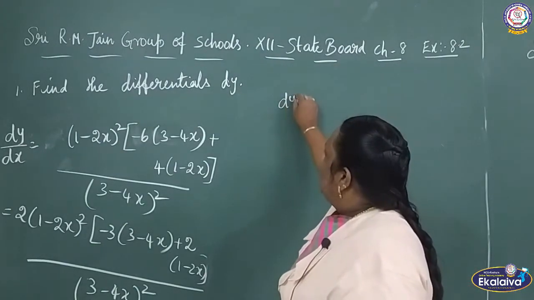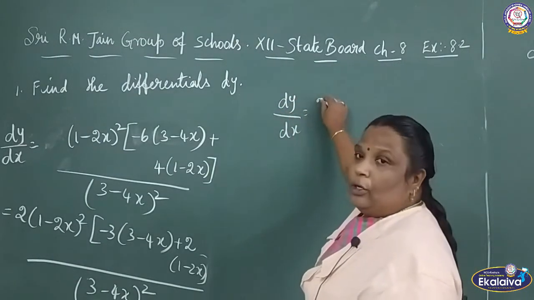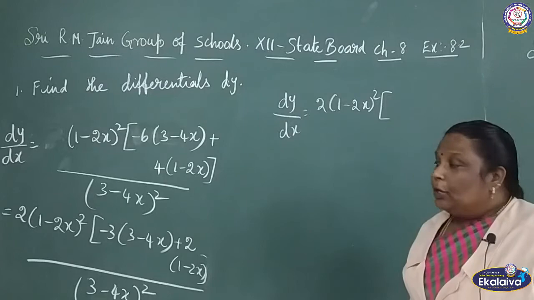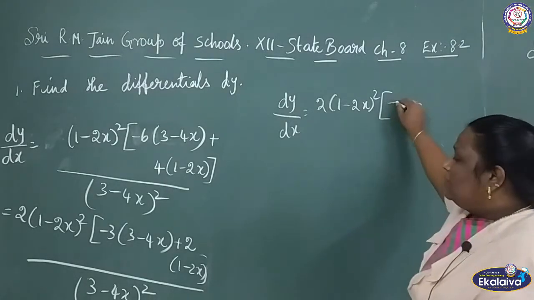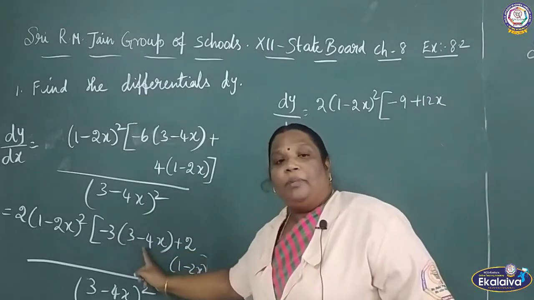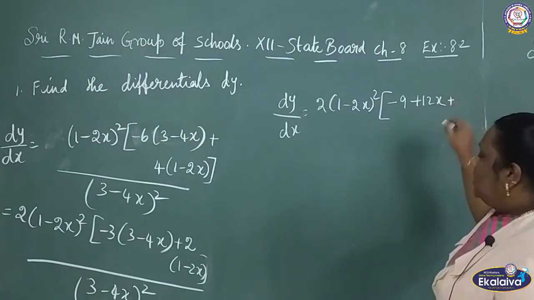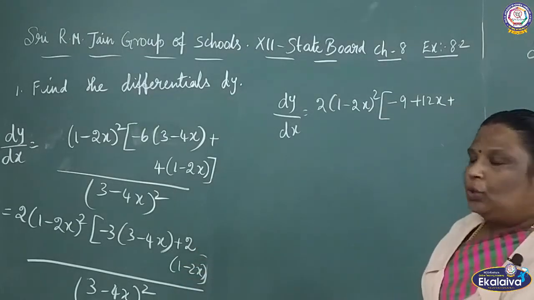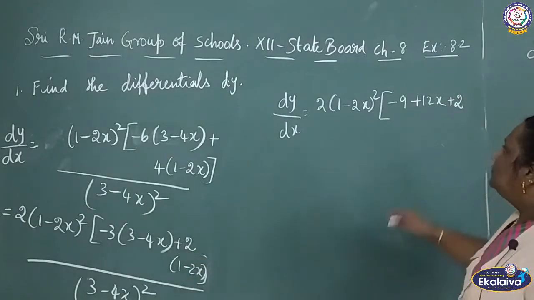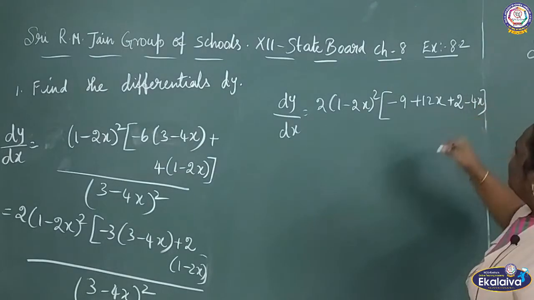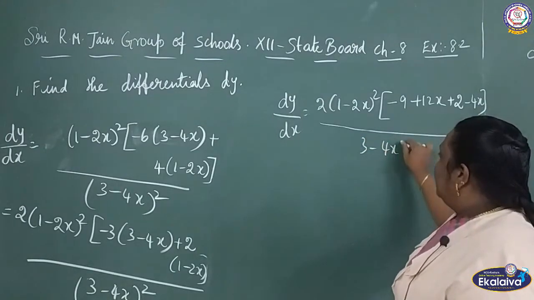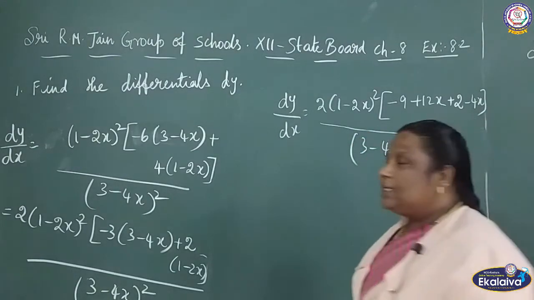See, dy by dx equals 2 into (1 minus 2x) the whole square into, you multiply minus 3 inside, it becomes minus 9 plus 12x, plus 2 into 1, 2, plus 2 into minus 2x, which is minus 4x, by (3 minus 4x) the whole square.